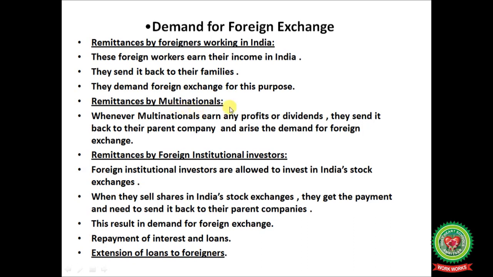Remittances by multinationals. Whenever multinationals earn any profits or dividends, they send it back to their parent company and this raises the demand for foreign exchange. Next one is remittances by foreign institutional investors. Foreign institutional investors are allowed to invest in India's stock exchanges.